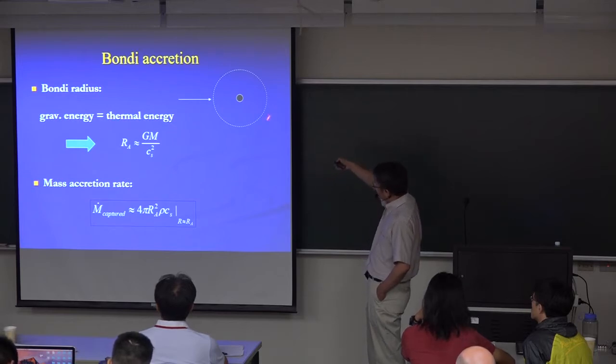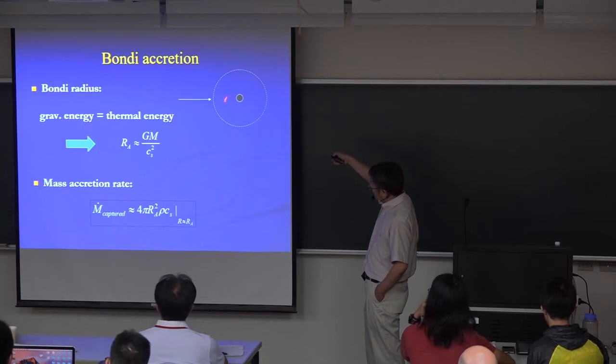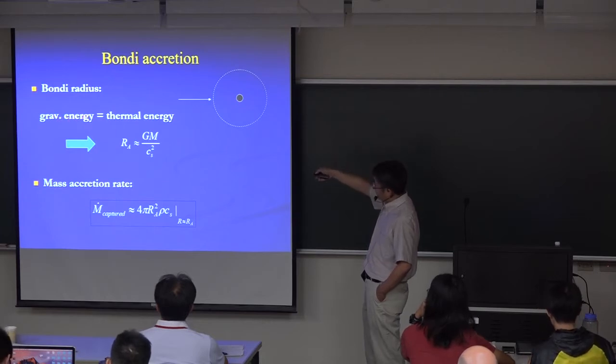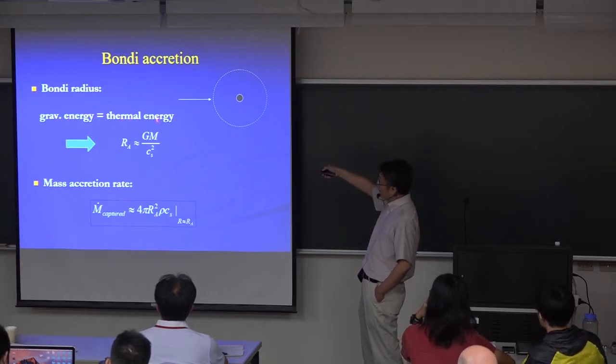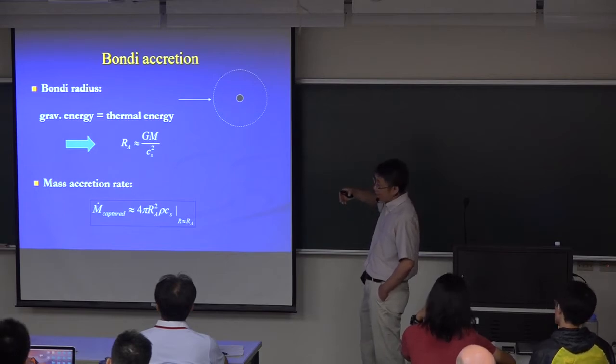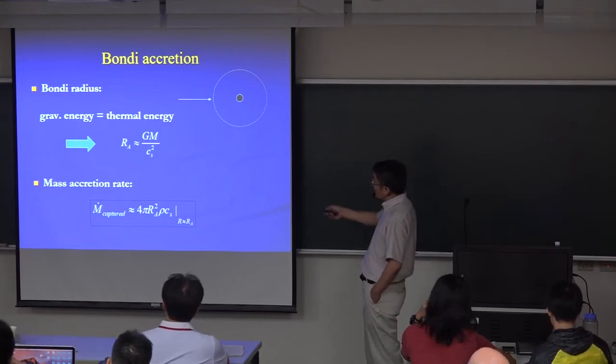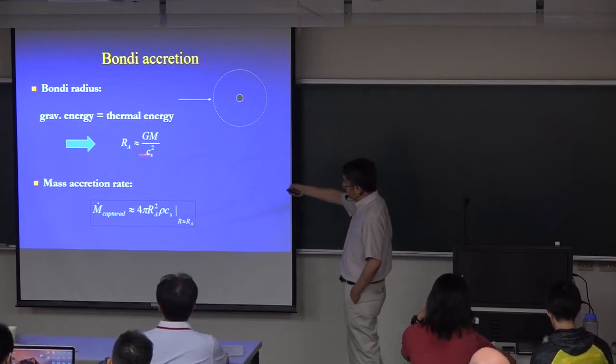The gravitational energy at this boundary radius is equal to the thermal energy of the gas. Within this radius, you can imagine the gravitational energy will be larger than the thermal energy. This means the gas within this radius cannot escape, or it is not easy to escape, from the gravity of the black hole.